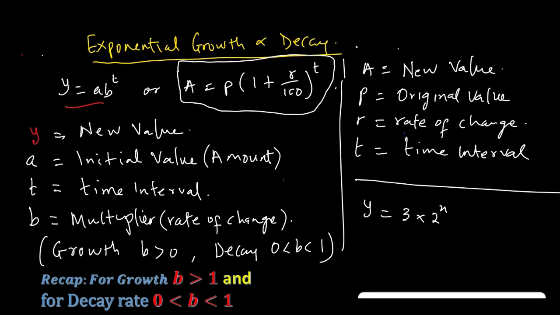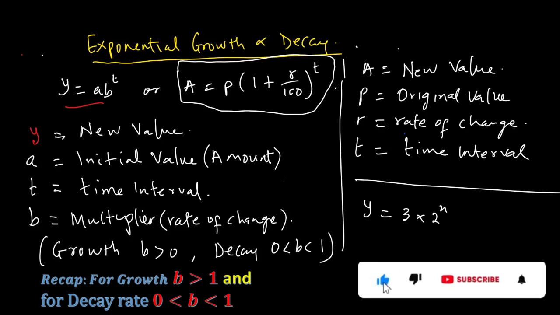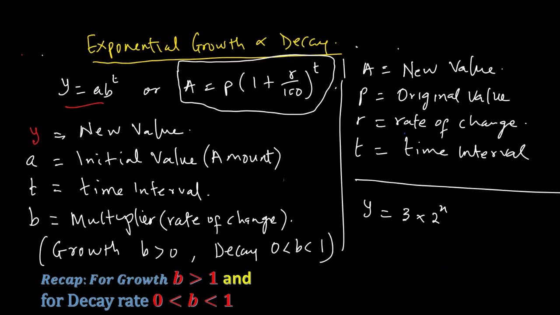For this exponential function, our a, which is the initial value, is 3. Then we have our b to be 2, and our time interval is s, a variable which can stand in for any time.